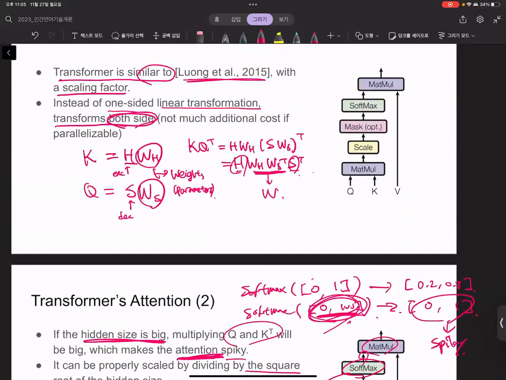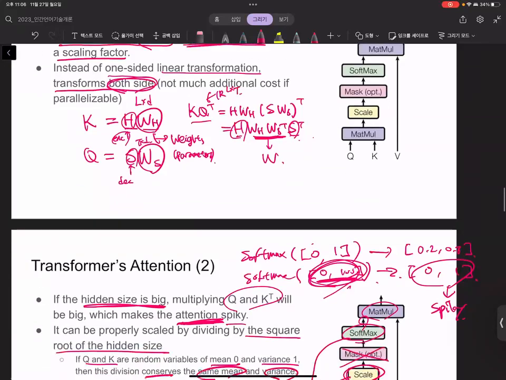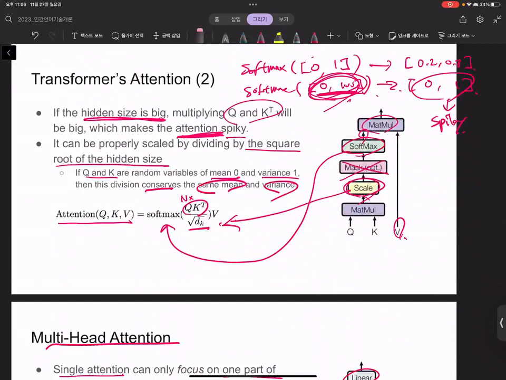But anyway, K is from the encoder. So this is T by D, and this is L by T. So KQ transpose is L by T. So K, N by L by T, and the softmax does not change.